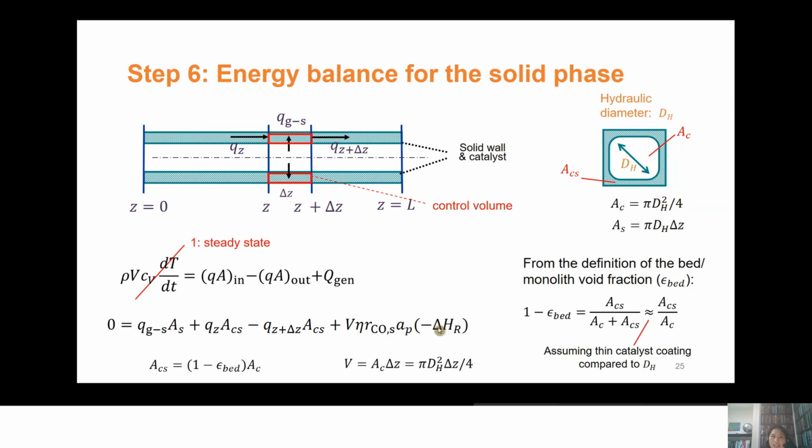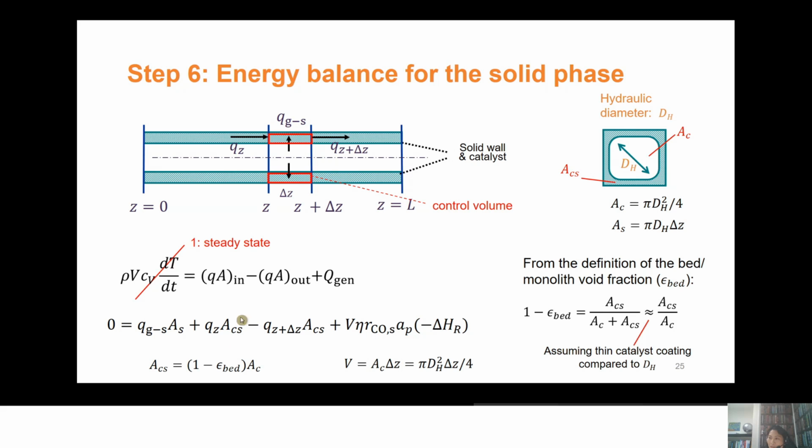Recall that for an exothermic reaction, the heat of reaction is negative. So we have a minus sign here. Since the reaction is adding heat to the system, you want this whole generation term to be positive. That's why we put a negative sign here, because delta HR is negative.